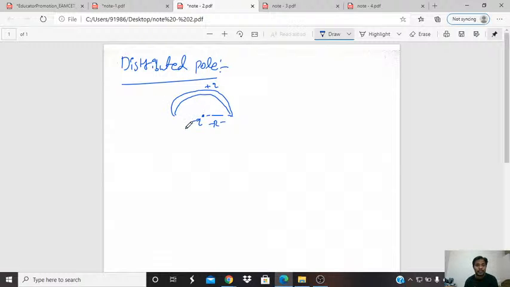This type of system is called a distributed pole. It is a semicircle, a half ring, where plus q is distributed uniformly and minus q is placed at the center. To find the field here, you have to consider a small part.